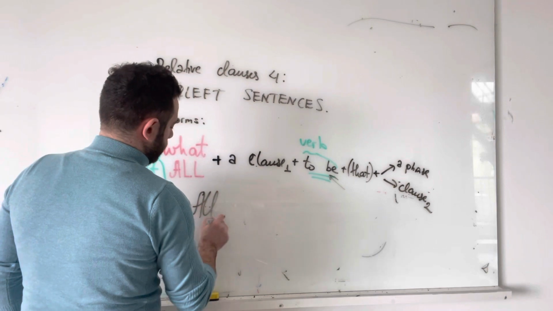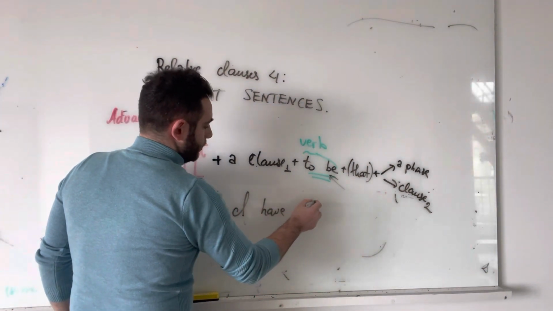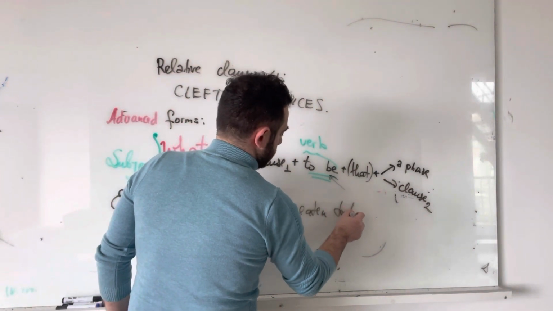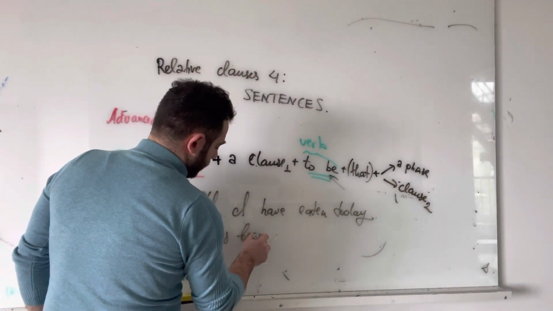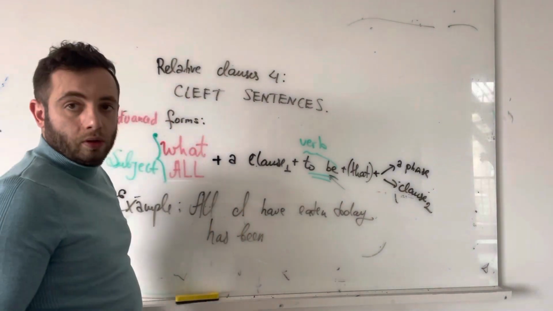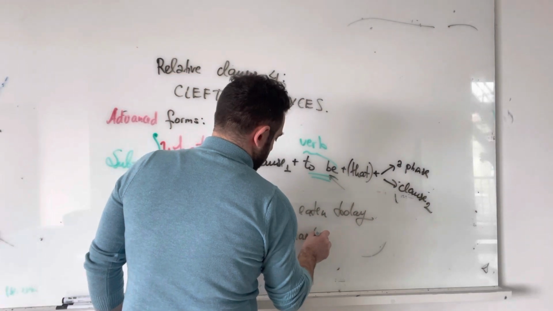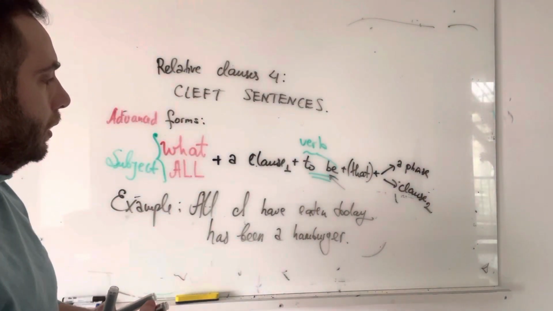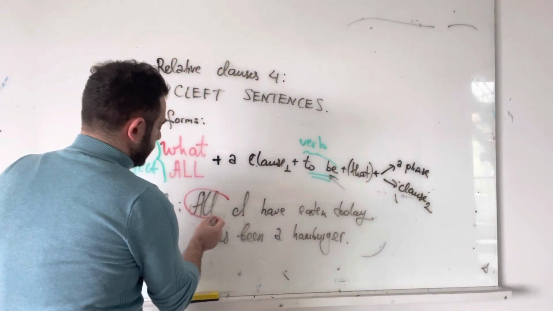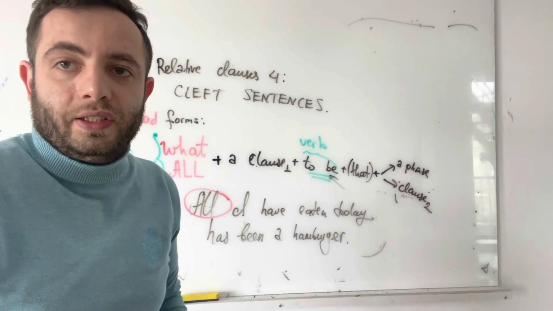All I have eaten today, for example, has been just a hamburger. So all is the subject of the sentence because it comes in the position of subject. So that's why it's the subject.